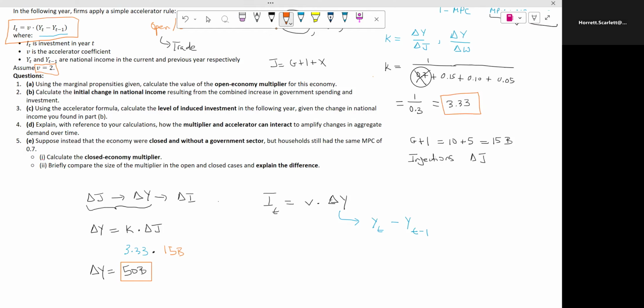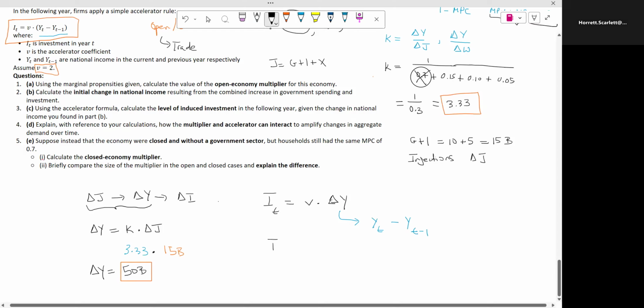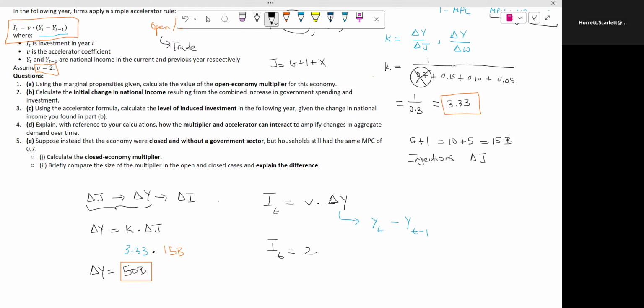Therefore, we can compute the net induced investment. So IT is going to be equal to 2 times whatever the change in Y is, which is $50 billion. So therefore IT is approximately $100 billion.